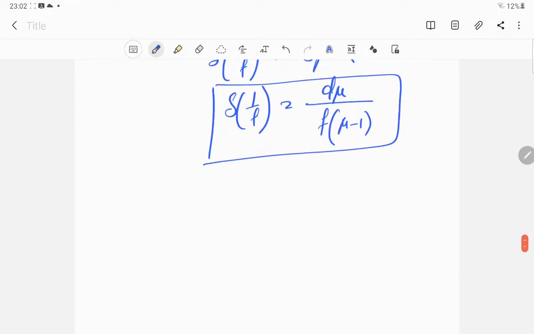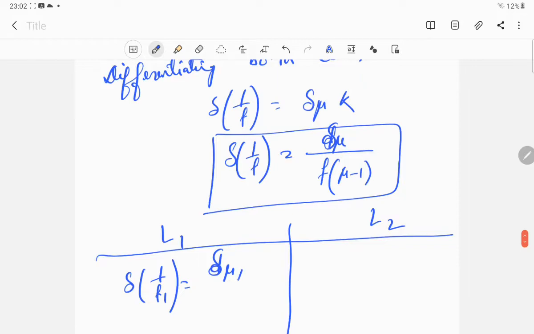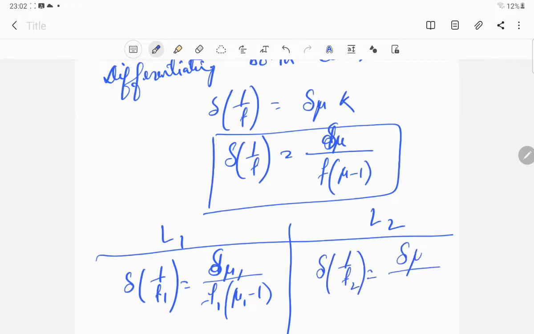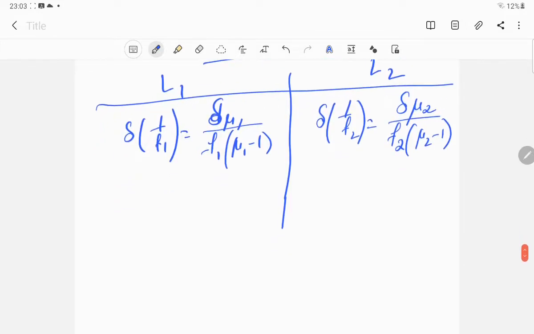Here we have two lenses, L1 and L2, so we will write this equation for both lenses. For the first lens, del(1/f1) = del mu1/(f1(mu1 - 1)), and del(1/f2) = del mu2/(f2(mu2 - 1)).